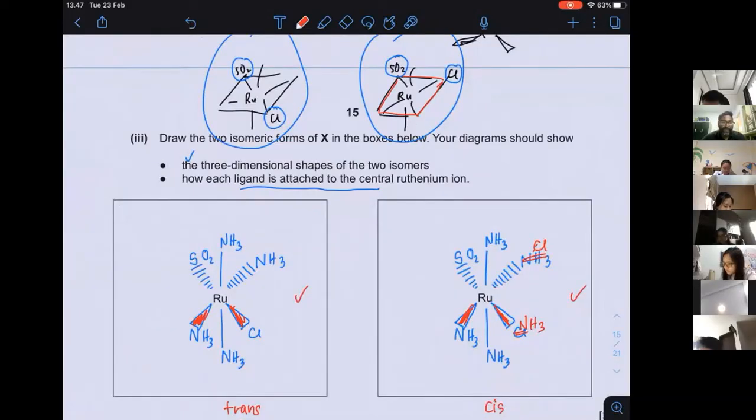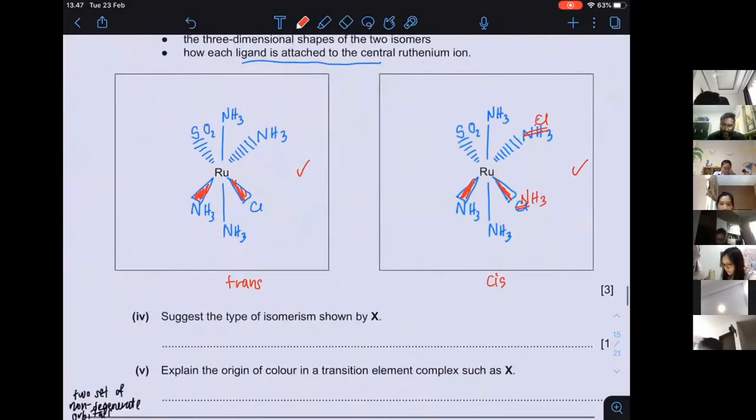Different arrangements they do accept, as long as the Cl and SO2 are across, then it's trans. As long as your Cl and SO2 are side by side, then it's going to be cis. That is how they are going to give you the mark.